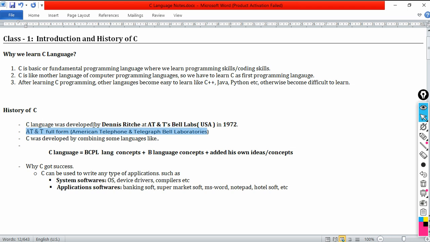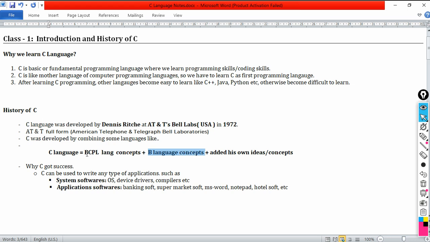Then how did Mr. Dennis Ritchie develop this C language? C was developed by combining some programming languages. For example, I give the formula: C language is equal to the BCPL language concept and the B language concept.